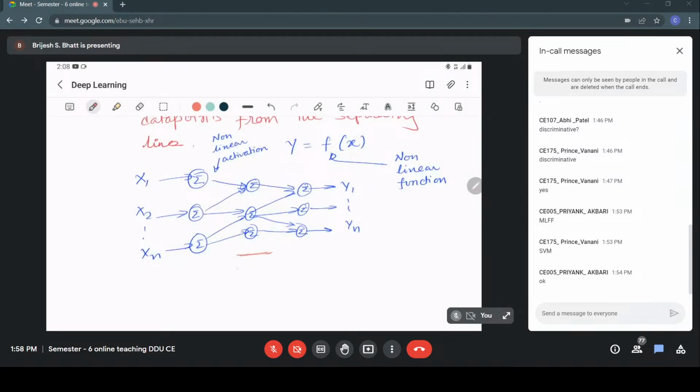And this nonlinearity is modeled through a layer called the hidden layer. The layer before that was the input layer, and the layer after that is called the output layer. So this nonlinearity is modeled through the hidden layer.